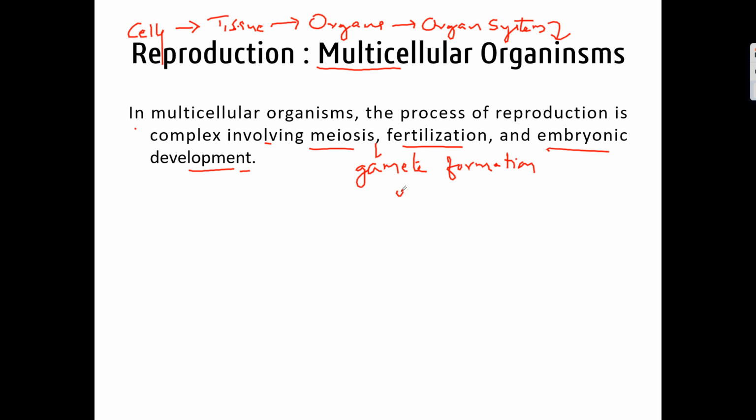Suppose there is a male and a female; the reproductive structures will produce germ cells by the process of meiosis. Let us assume this as the germ cell of the male, the sperm, and this is the egg.